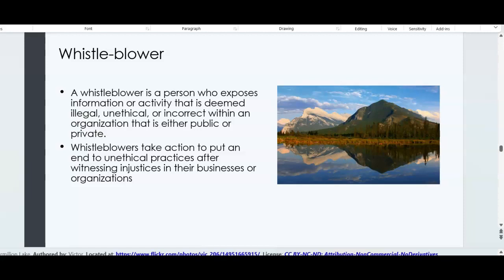They might take that to the media or to the government, the EEOC, to bring attention to the issues happening within the company. Whistleblowers are protected by law. They're meant to be protected so that the company can't just fire the person who's drawing attention to the ethical violations.